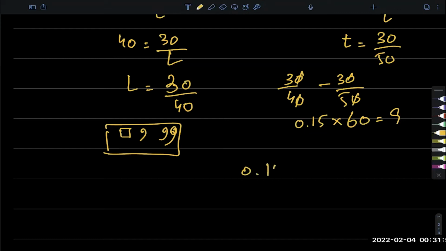Write 0.15, press equals, then press that comma button. What do you see? Now it says syntax error. A bit of an old one, sir. Probably. Because if you have one with this button, it will simply convert 0.15 to 9.